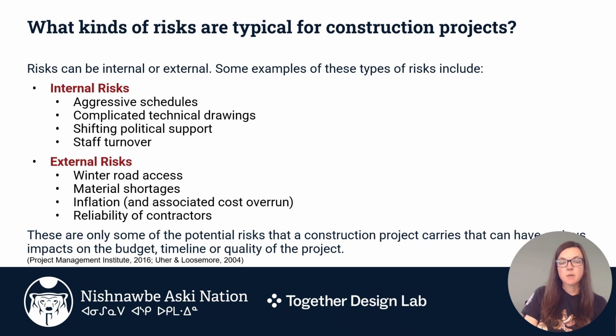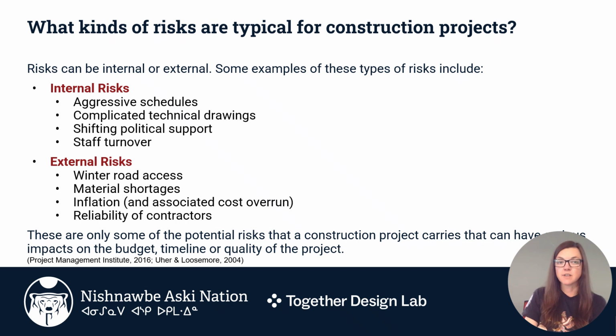Let's review a couple risks that are typical for construction projects. Risks can be internal or external. Some examples of the types of risk include aggressive schedules, complicated technical drawings, shifting political support, and high staff turnover.